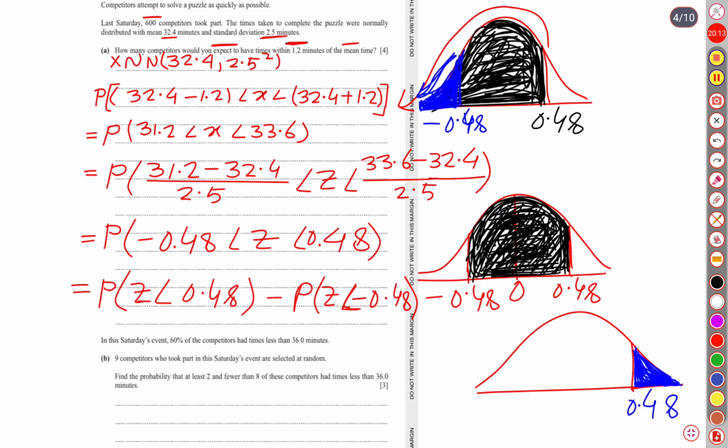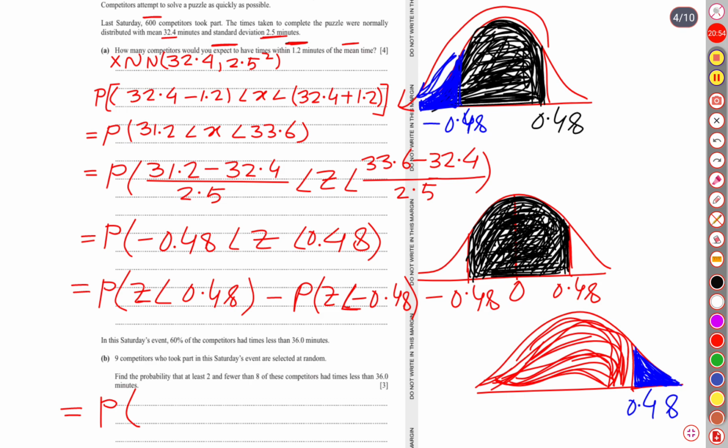As we don't have any probability applicable for a negative z-score, we convert it into a positive z-score, and from 1 we subtract the left part, the red part. Then we easily find the probability of this small part.